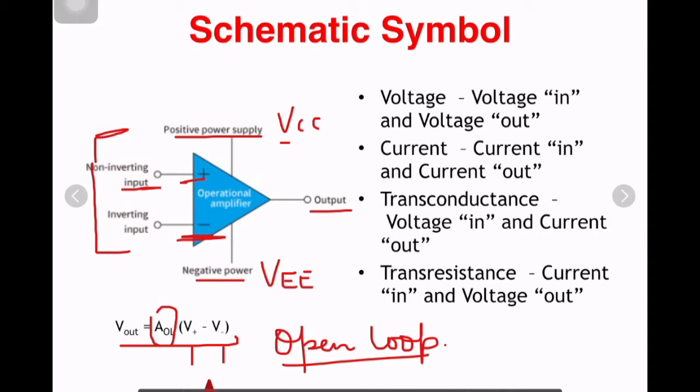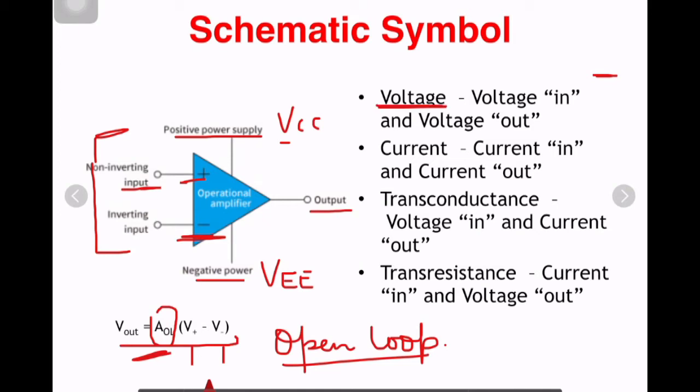So as we know, the input is amplified by an amplification factor of this much, known as the amplifier gain, and the output depends upon the nature of the input and output signal. Depending upon the nature of the input and output signal, we can classify the operational amplifier gain like this.